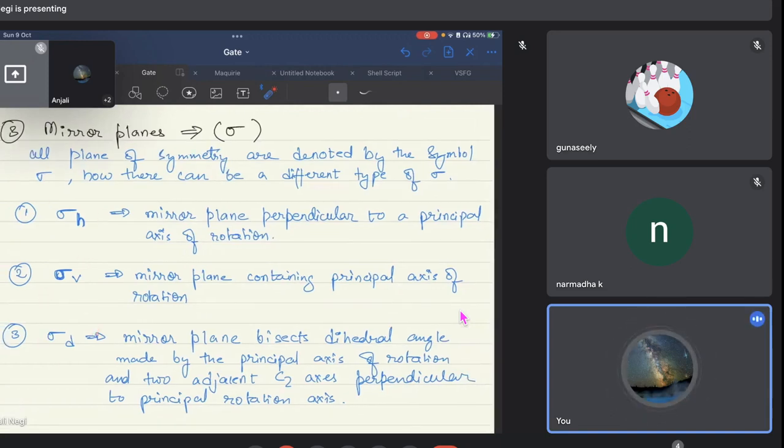Just keep in mind that h means horizontal, v means vertical, and d means dihedral. So h means horizontal. This is a mirror plane perpendicular to the principal axis of rotation, so it is horizontal to my principal axis of rotation.